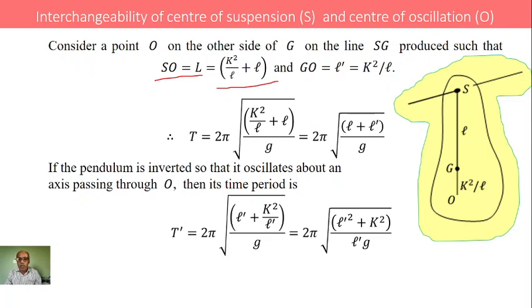We know GO is equal to l dash. Since SG is equal to l, the remaining term is k square by l, which is equal to GO, taken as l dash. l dash is the distance between the center of gravity and the center of oscillation.